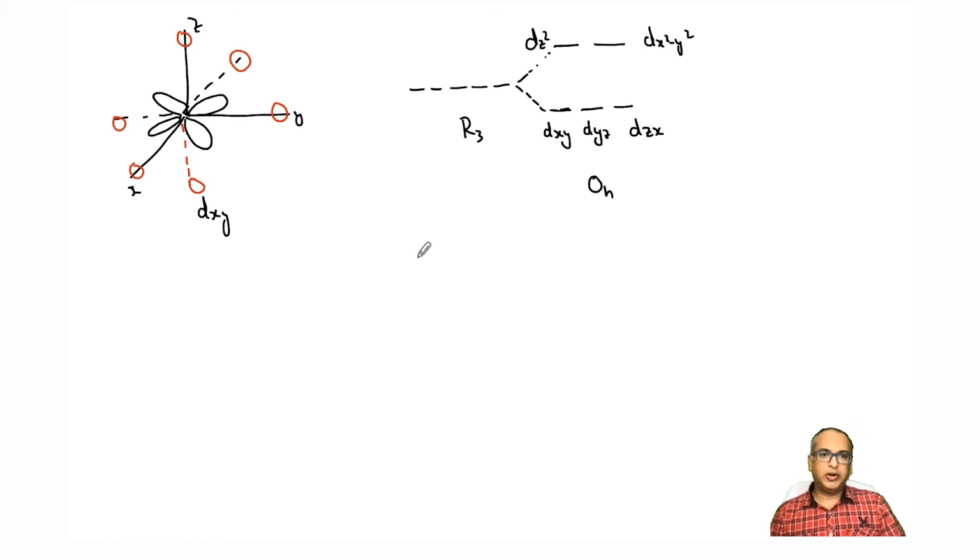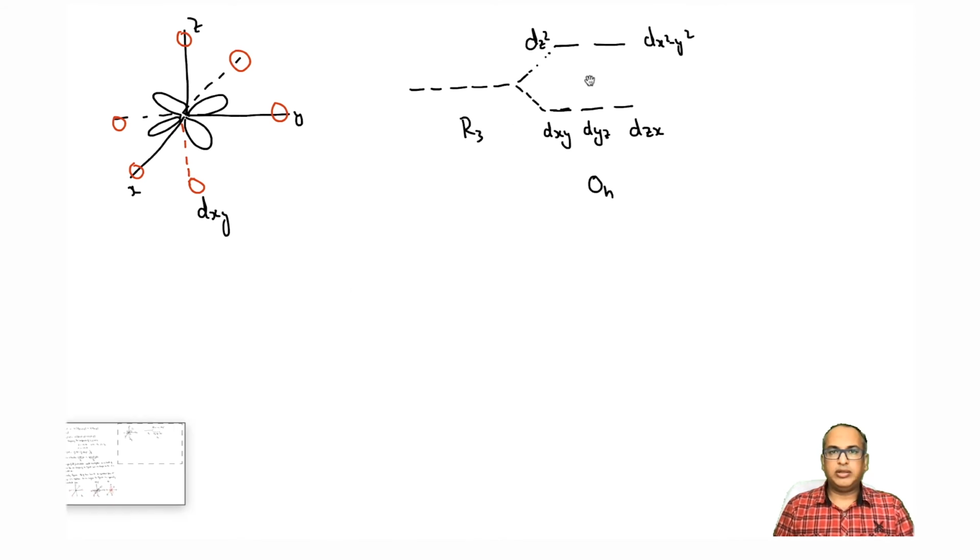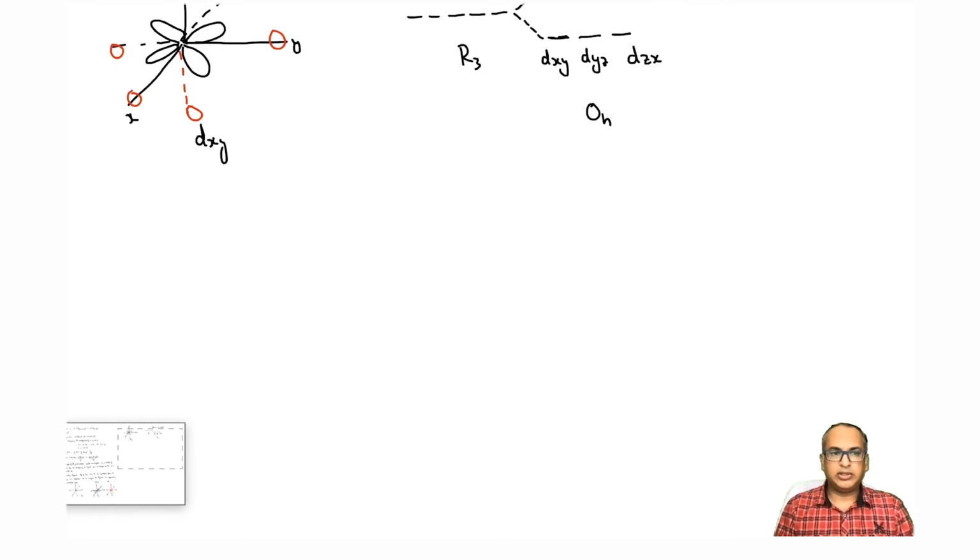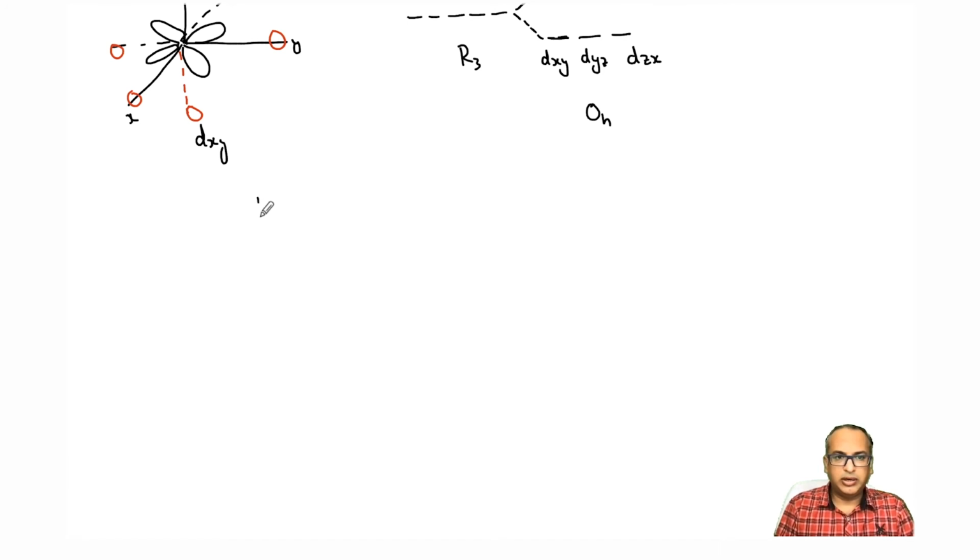Now similarly, you can also think of the tetrahedral case where this order gets reversed. So why does this order get reversed? If I try to draw a tetrahedral field around my isolated central atom, my metal is still sitting at the origin.